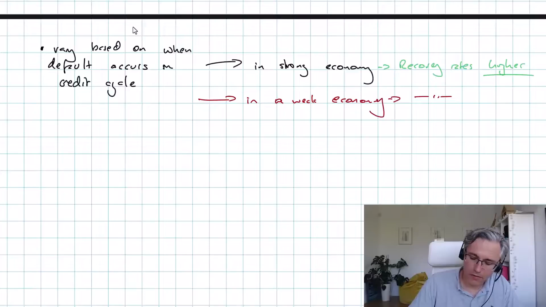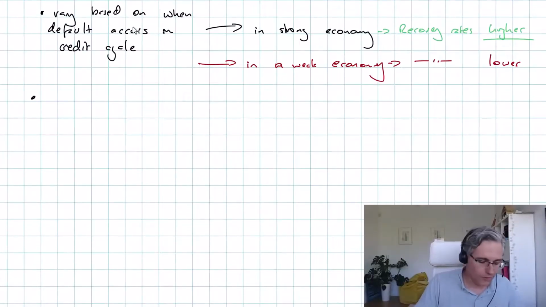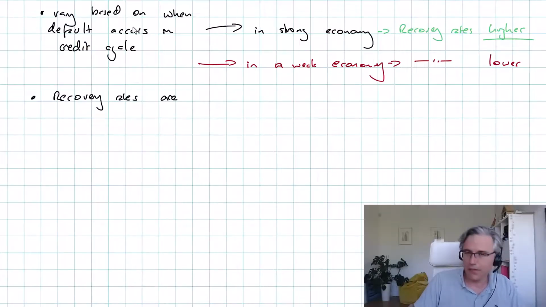Obviously, recovery rates are lower, seeing as there are not many willing buyers to buy the assets of failing businesses. And a more general comment on recovery rates. Remember, when you see them being quoted, for example, by rating agencies, they are averages.